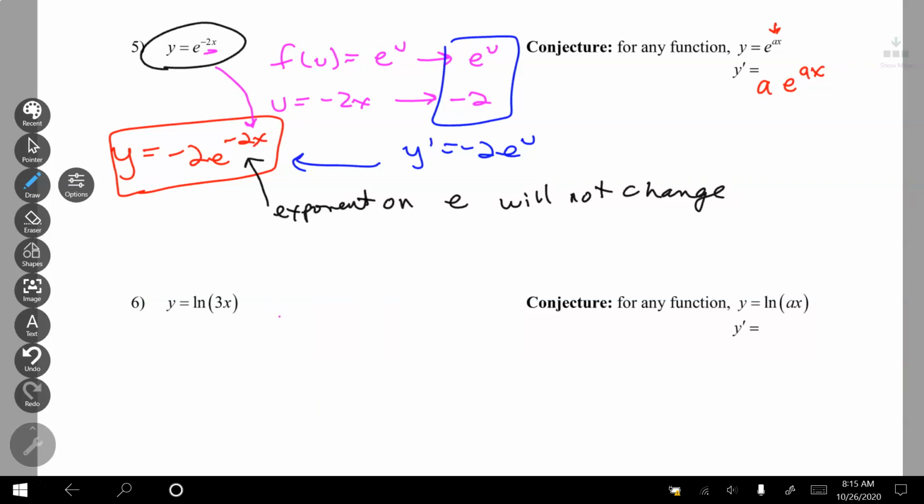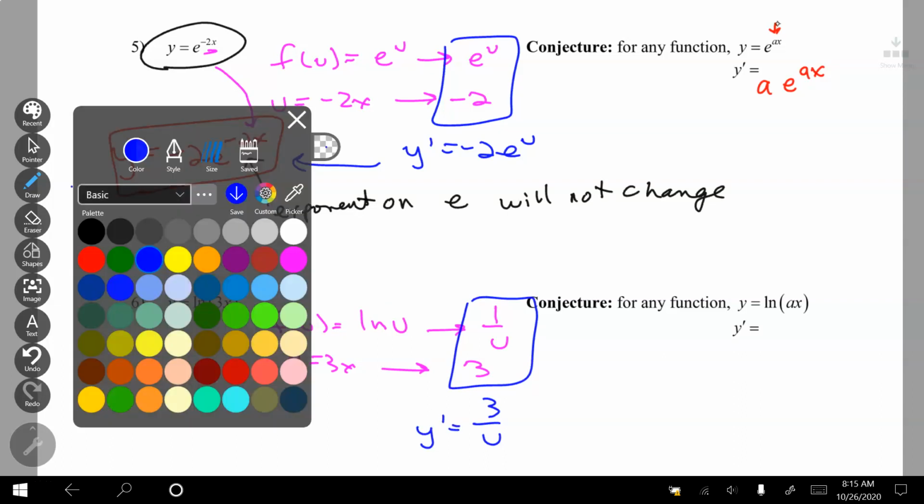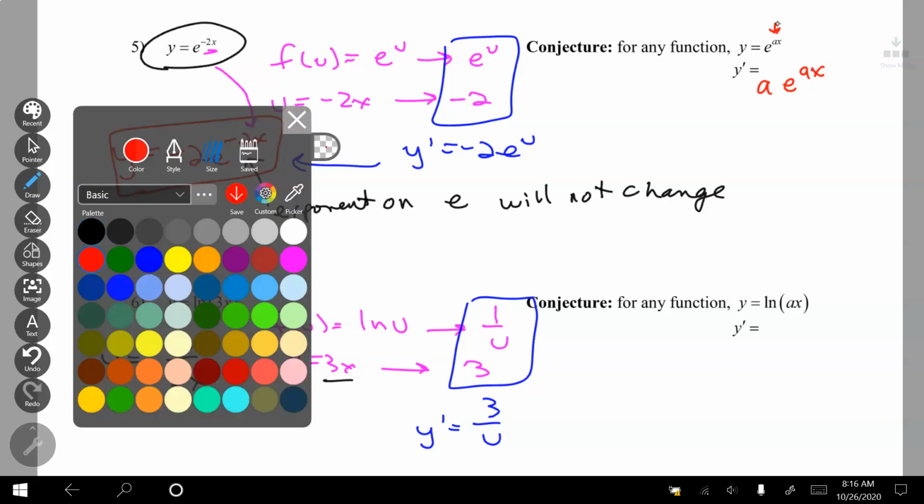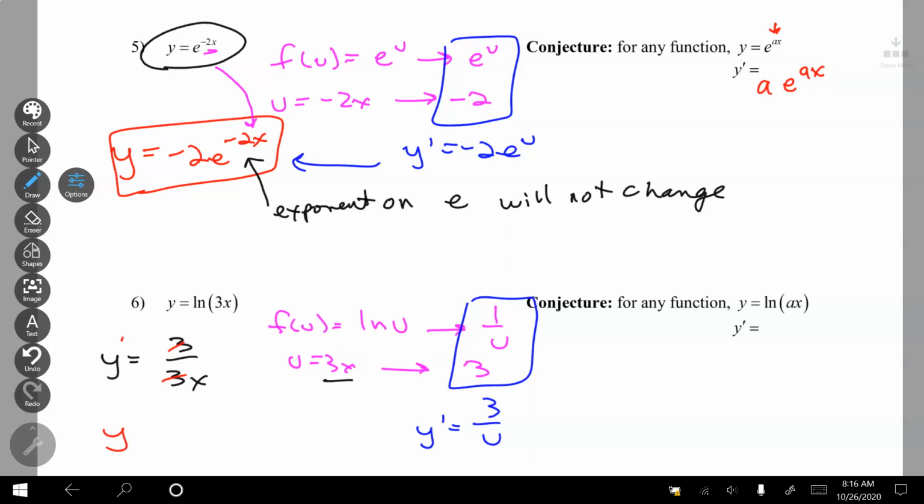Now, well, let's try this one. My outside function is the natural log of something, and that's 1 over something, and the something is 3x, and that derivative is just 3. If I multiply it all out, I get 3 over something, and when I get rid of that, I get y prime equals 3 over, well, that something was 3x, but then I notice they cancel out, so I get y prime is equal to 1 over x.